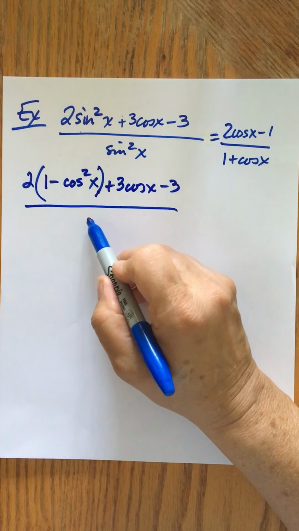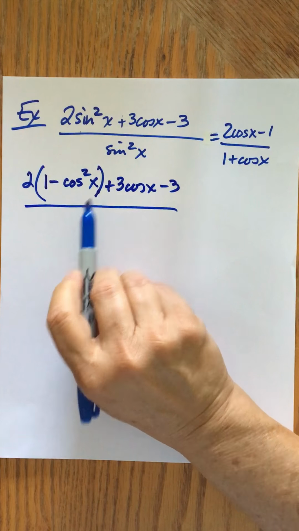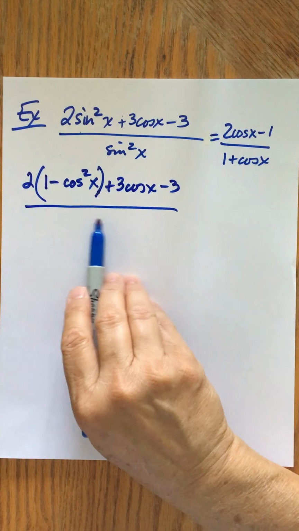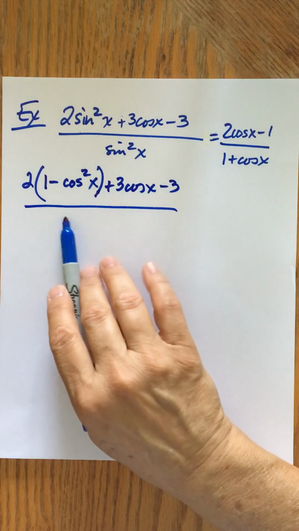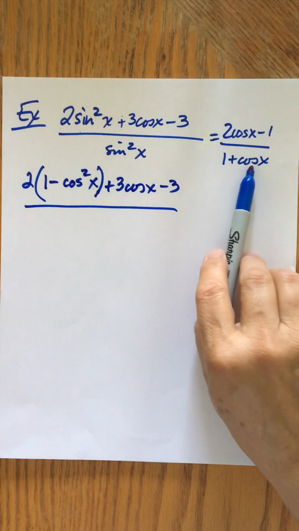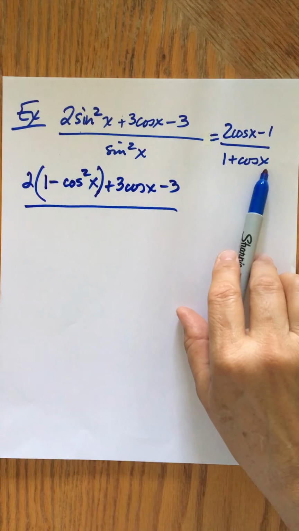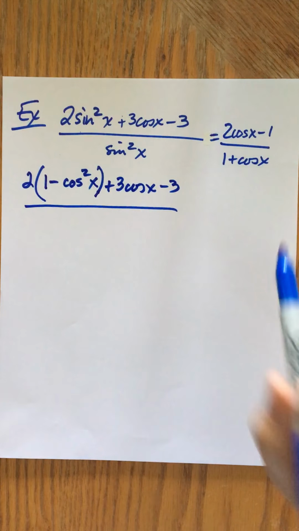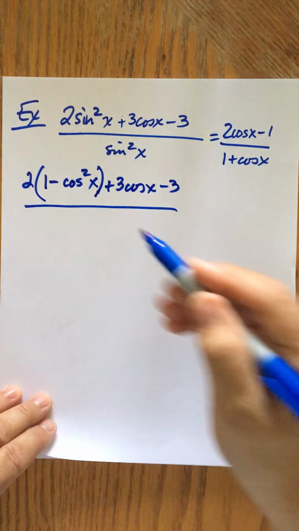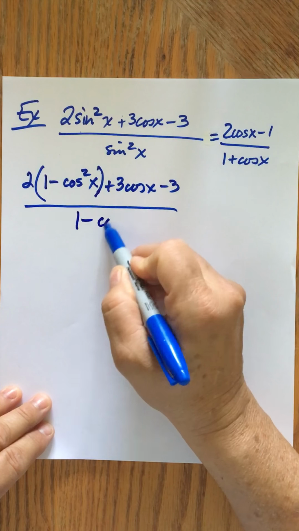And I could write sine squared here, but I'm going to go ahead and go maybe 1 minus cosine squared because I see I'm headed toward a 1 plus cosine x, and I know that 1 plus cosine x times 1 minus cosine x gives me the 1 minus cosine squared. So I'm going to go ahead and go with 1 minus cosine squared x.